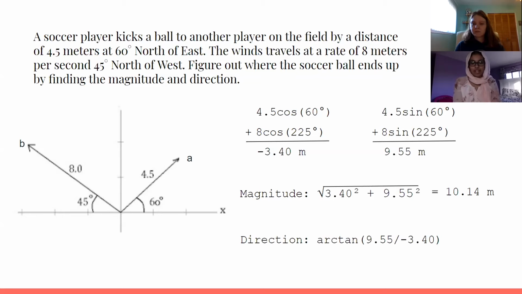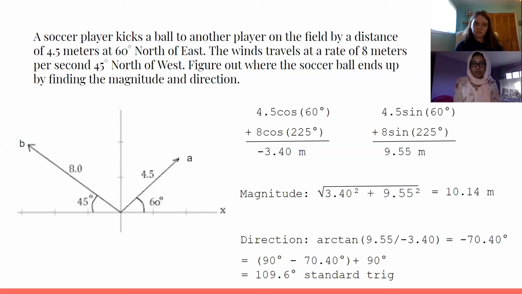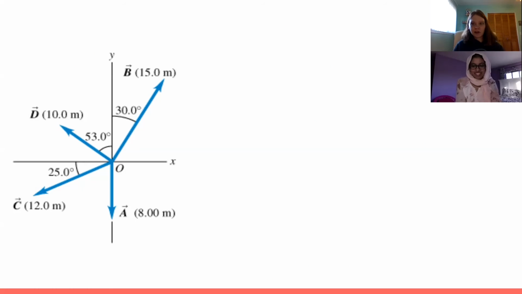Then to find the direction, you would take the inverse tangent of 9.55 meters over negative 3.40 meters, which gives us negative 70.40 degrees. But since this is in the second quadrant, you would subtract 70.40 from 90 and then add 90 to that answer, which gives us 109.6 degrees standard trig.